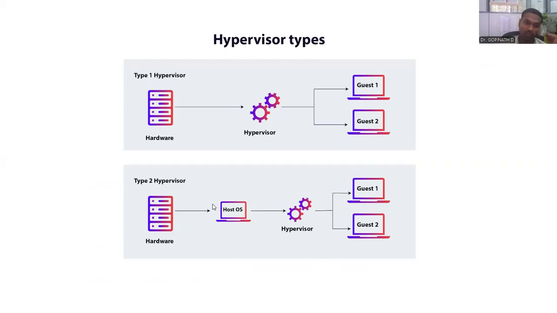But type 2 hypervisor is not like that. In between, there is a host OS. There is no direct communication between the hypervisor or the guest and the hardware. The hypervisor is connected with the host operating system, and the host operating system will connect with the hardware. This host operating system will take care of everything.